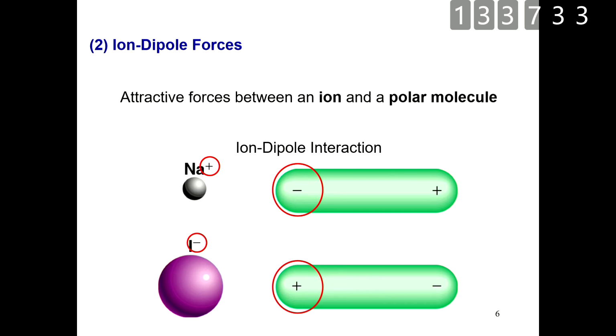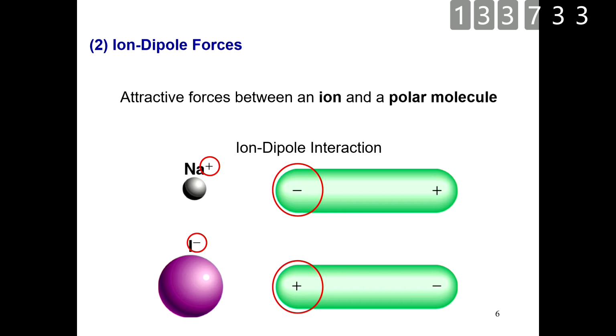Second one is called ion-dipole forces. Ion-dipole forces mean attractive forces between an ion and a polar molecule. The ion can be an anion or a cation.